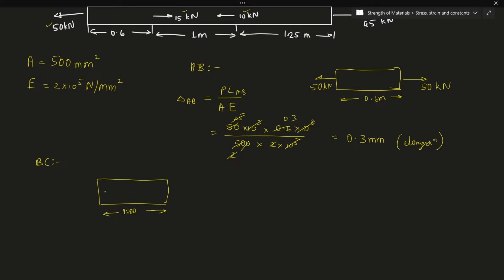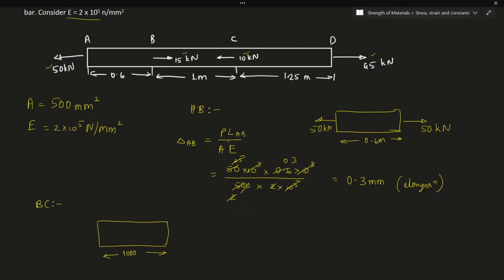There is a compressive force at B, that is 15 kilonewton, and towards C it is 10. Going from the left hand side, 50 minus 15 is 35 tensile, so I have 35 on the LHS and the same 35 on the RHS.